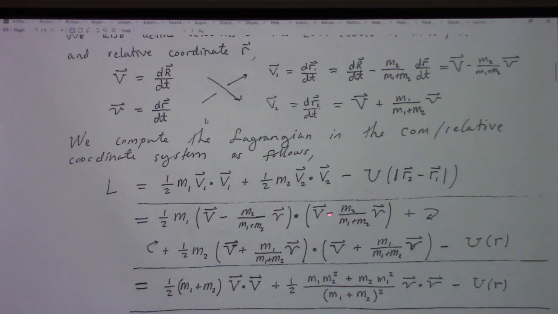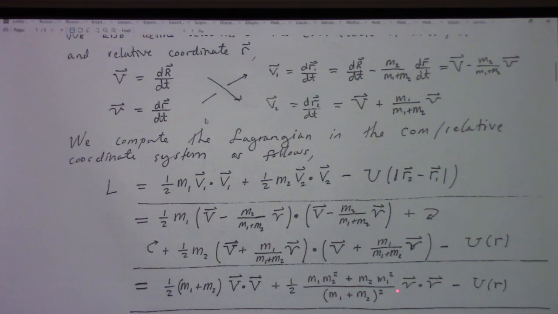It turns out that you can calculate these dot products and you get this. You have no cross term. You just have the center of mass velocity squared with an effective mass of the sum of the two masses. So this describes the collective motion of both masses.